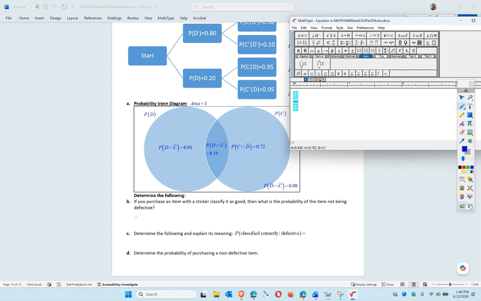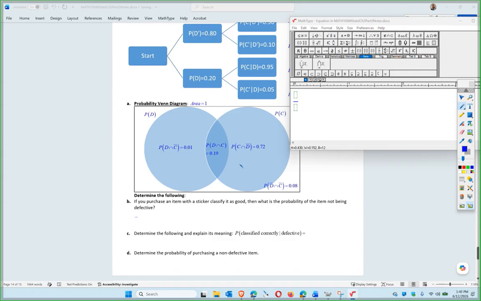So let's think about the good stickers, right? So if I'm not defective and I'm classified correctly, I'd have a good sticker on it, wouldn't I? It's a good item, right? Not defective. It's classified correctly, so it says that it's a good. It has a good sticker, right? That makes sense.